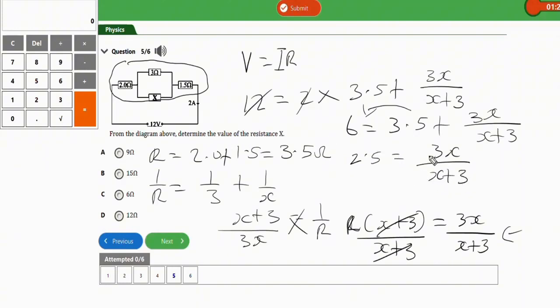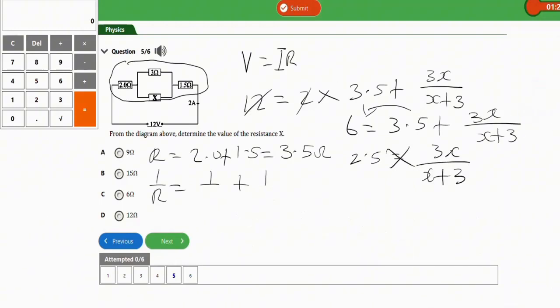Remember, we're looking for the value of x. So you can now cross multiply. Let's wipe some part and complete this solution. So we're going to have 2.5 times x, we have 2.5x plus 2.5 times 3, we have 7.5, equals 3x.